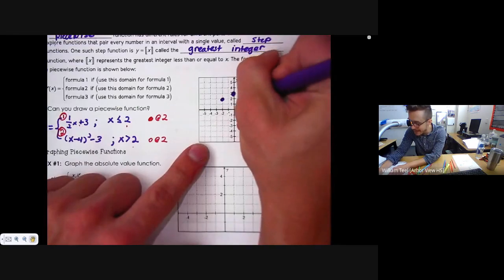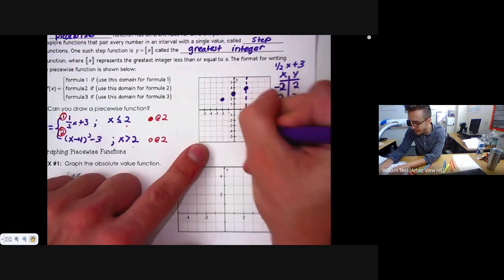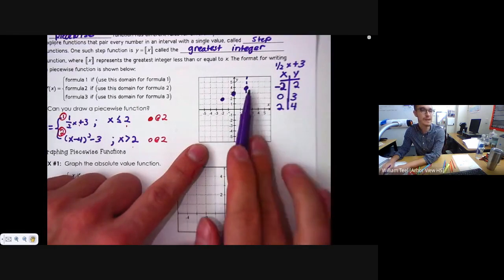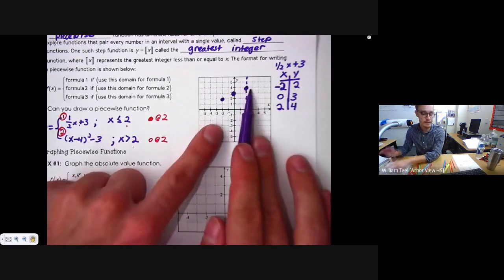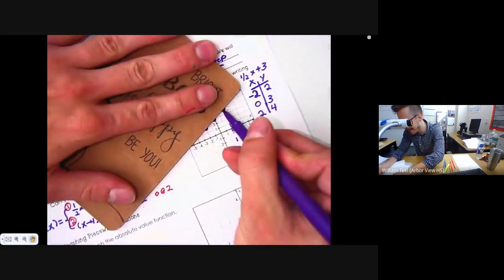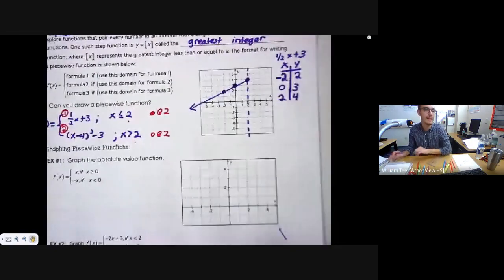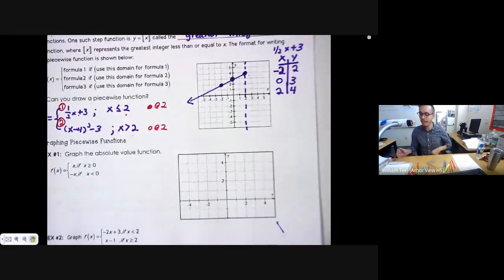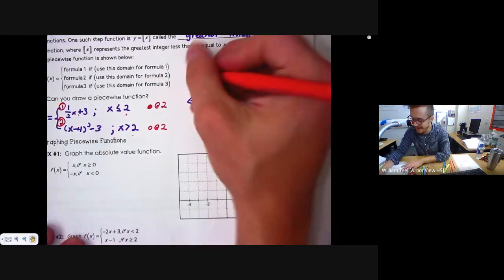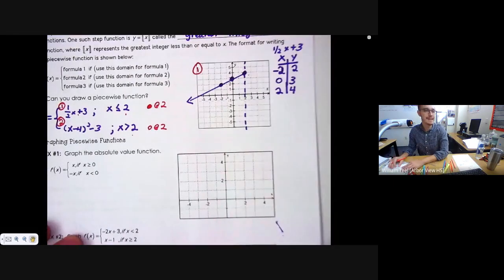This is the big point of the graph here where we need to pay attention, okay? We are going to stop our graph right here. So I'm going to go ahead and graph this, but I'm going to be careful not to cross that line. So all to the left of that line right there is going to be the graph of 1/2 x plus 3. Okay, so now we have graphed the first side of that equation.